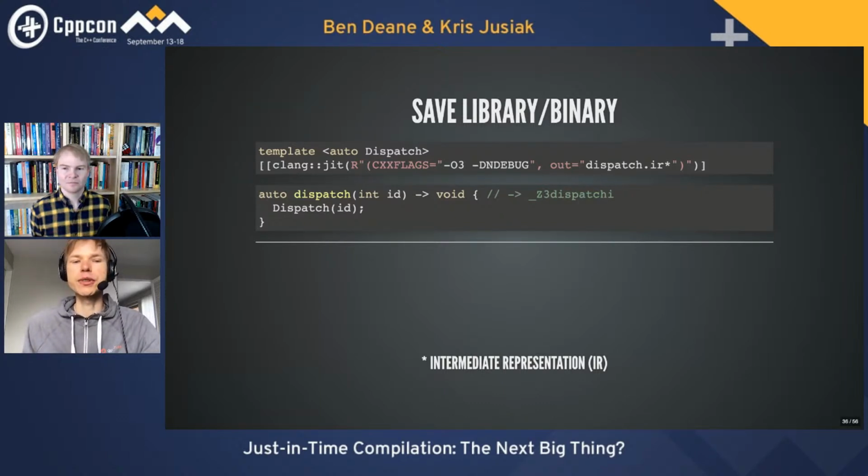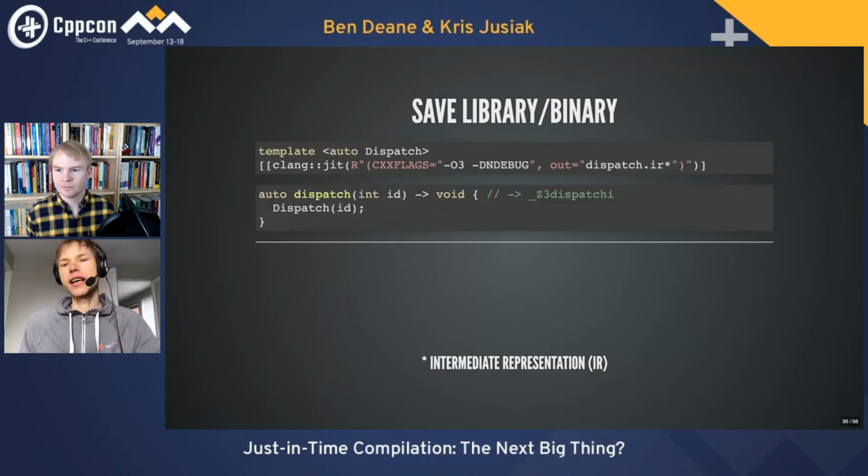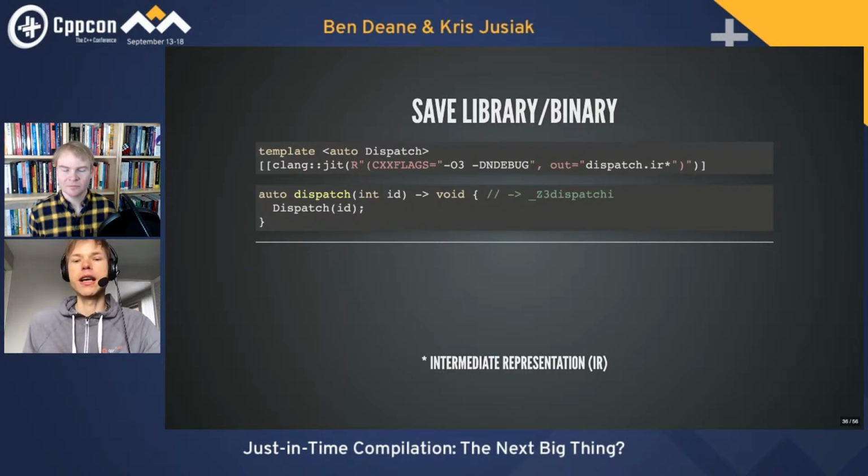So the Clang JIT will remove the template part of it, because it will be moved from the template to the IR. So everything will be inlined in the IR, so we don't need the types for the templates anymore. And therefore we can easily just remove them from the mangled name and just call the dispatch.